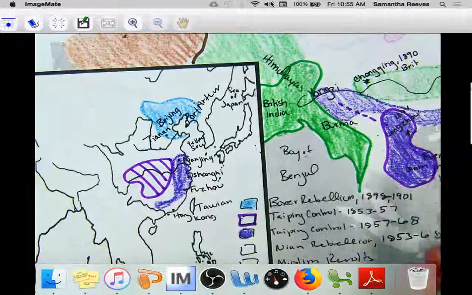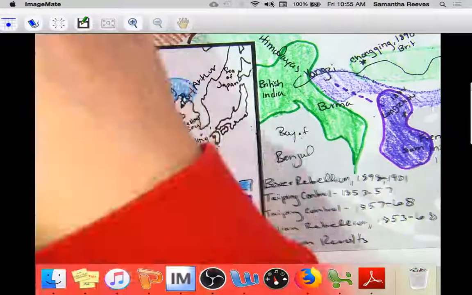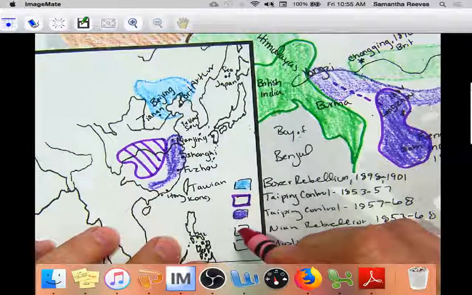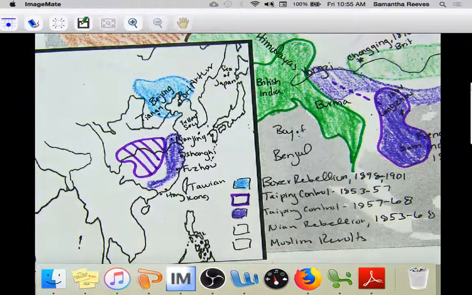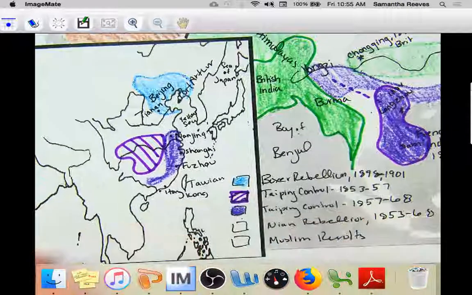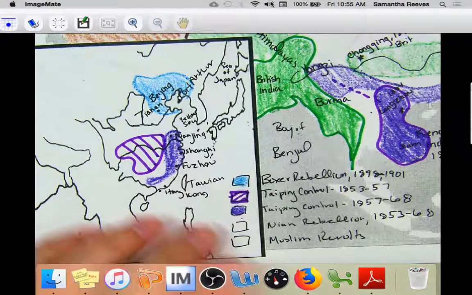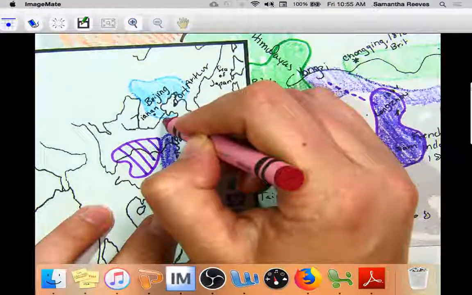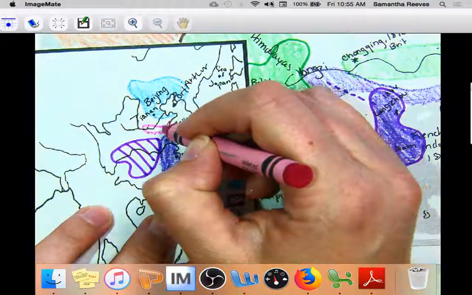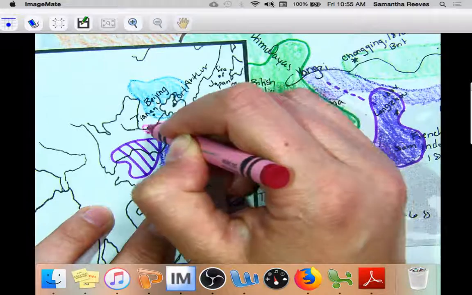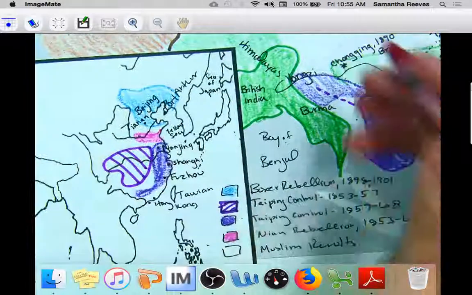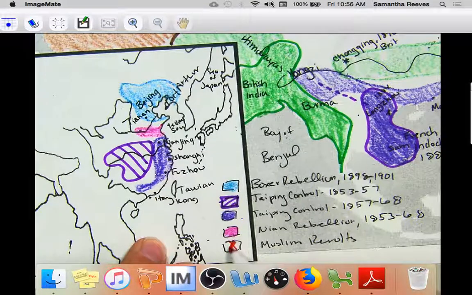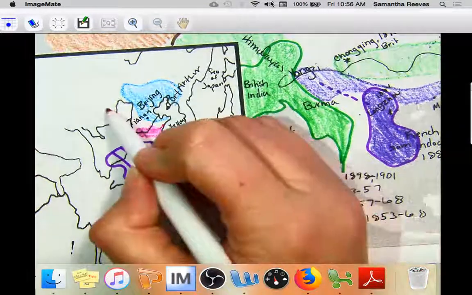And then we have your Nian Rebellion, which is going to be this. And they're going to be fighting with the Europeans as well. And then you have your Muslim revolts, which are just going to be stars for me, and they are happening over here.